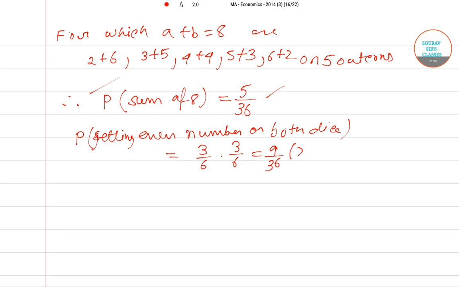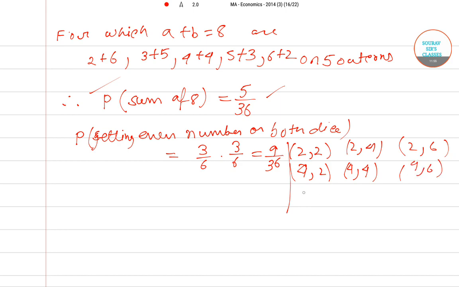For this we can simply find 2, 2. There are various possibilities that we can get, either 2, 4, or say 2, 6, or say 4, 2, or say 4, 4, or say 4, 6, 6, 2, say 6, 4, say 6, 6.